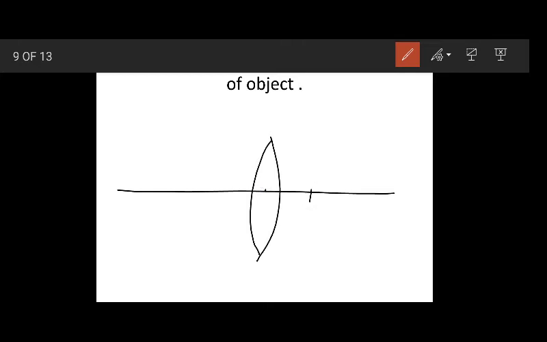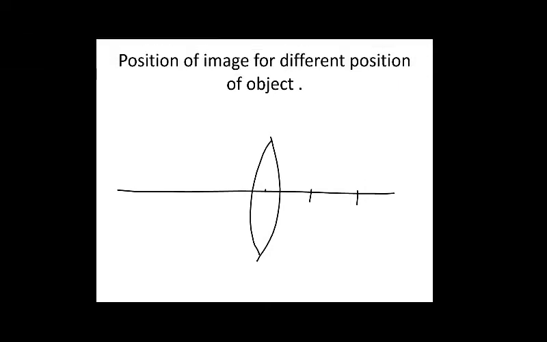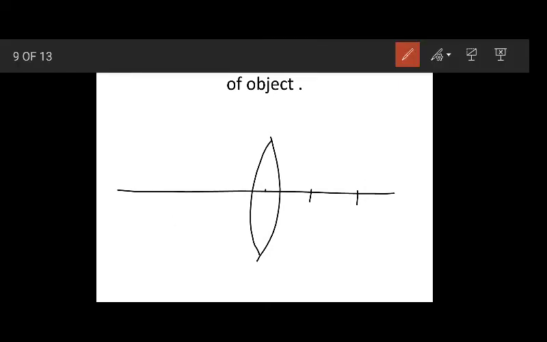I mean, this is F to F, and it is also F to F. This is position 1, 2, and 3.